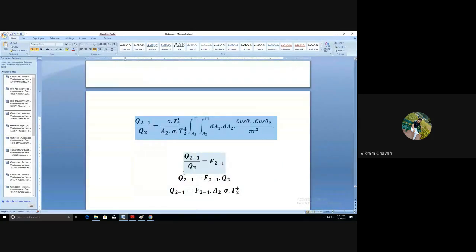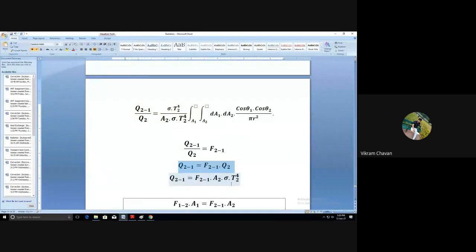And further we can write from this equation that Q2 to 1 will be equal to F2 to 1 multiplied by Q2, and Q2 is A2 multiplied by sigma multiplied by T2 raised to 4. So Q2 to 1 is equal to F2 to 1 multiplied by A2 multiplied by sigma multiplied by T2 raised to 4.